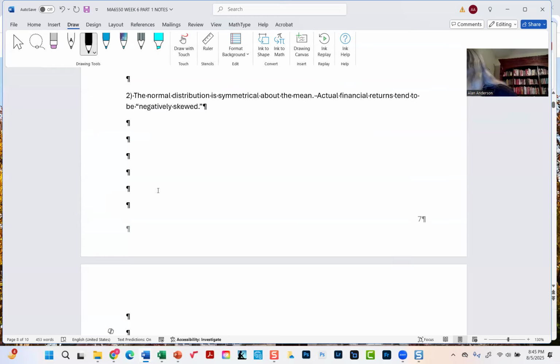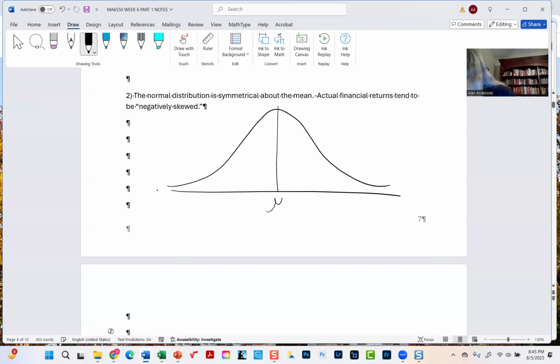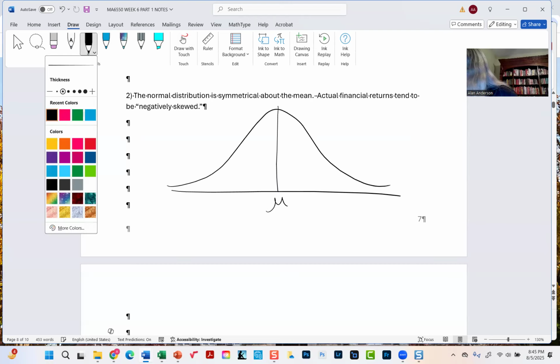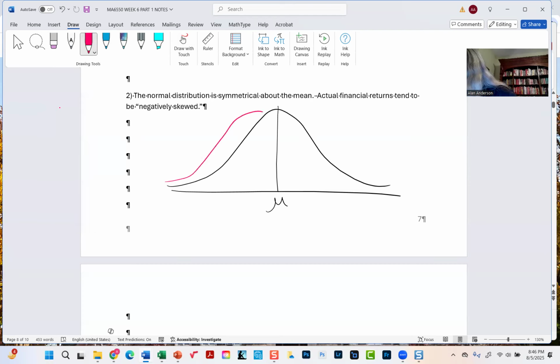So you might have something like this. Here's the normal, and then the actual returns look something like this.